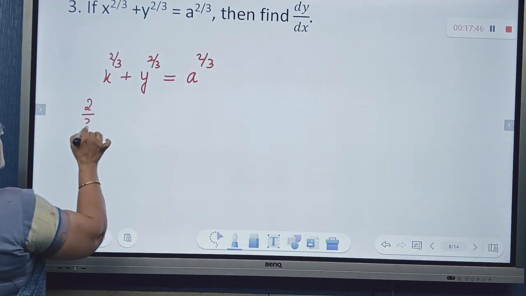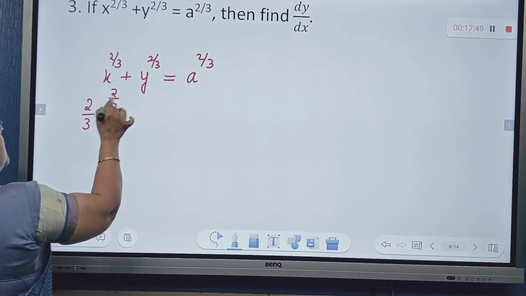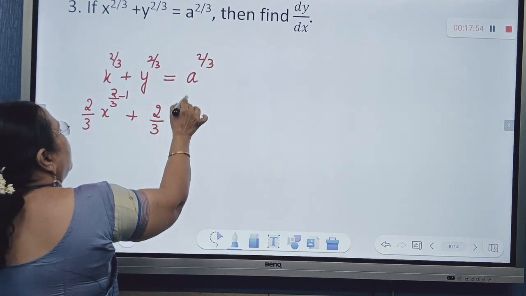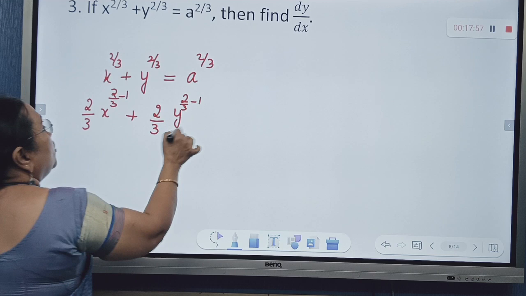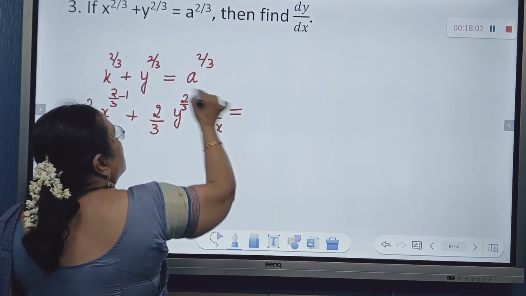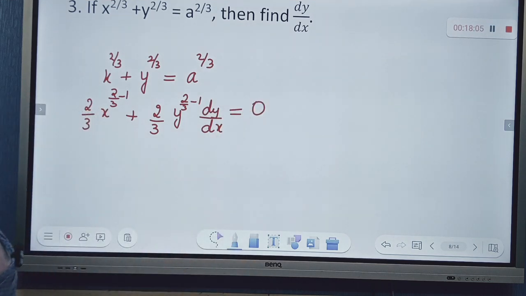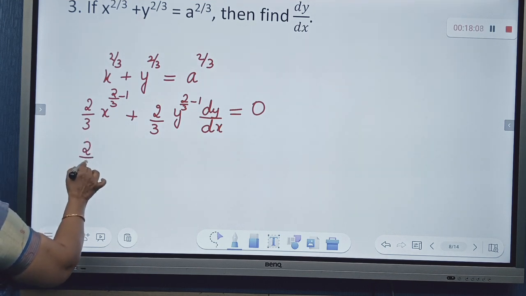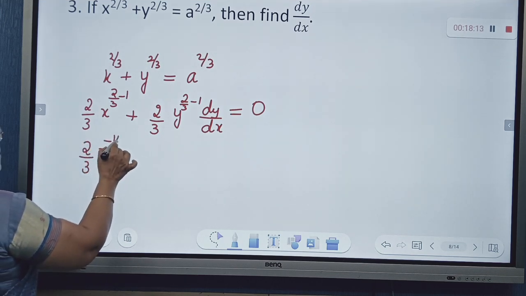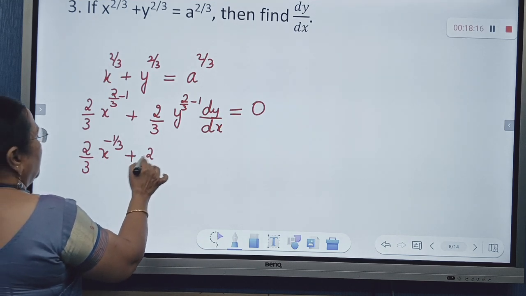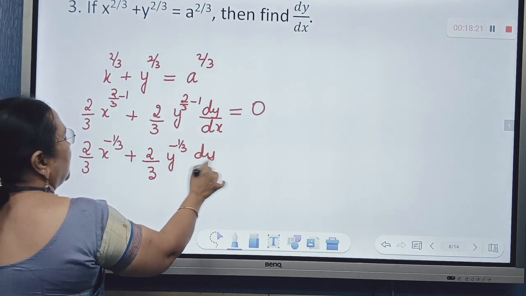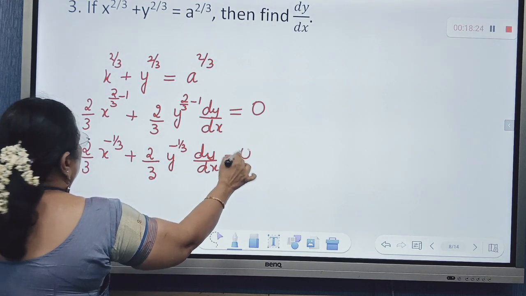So 2 by 3 x to the power of 2 by 3 minus 1 plus 2 by 3 y to the power of 2 by 3 minus 1 into derivative of y, which is dy by dx, equal to, this is a constant, so the derivative is 0. So 2 by 3 into x to the power of minus 1 by 3 plus 2 by 3 y to the power minus 1 by 3 into dy by dx equal to 0.